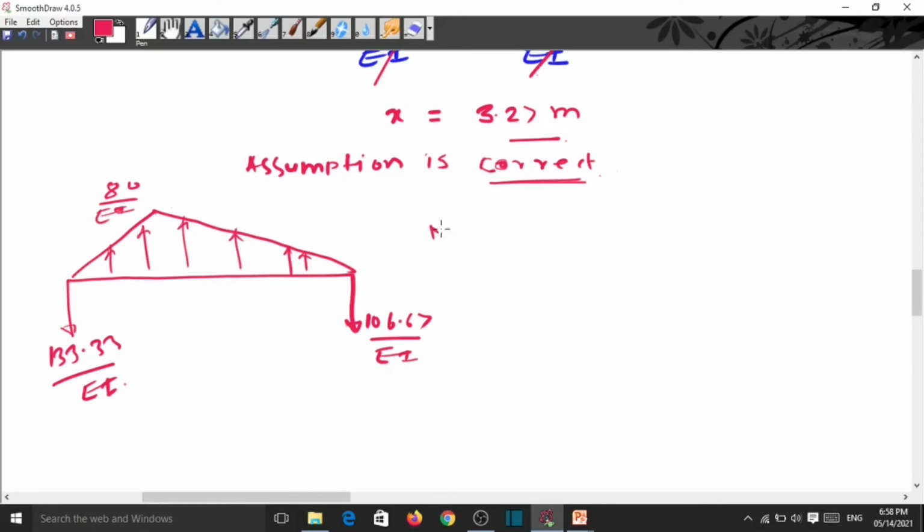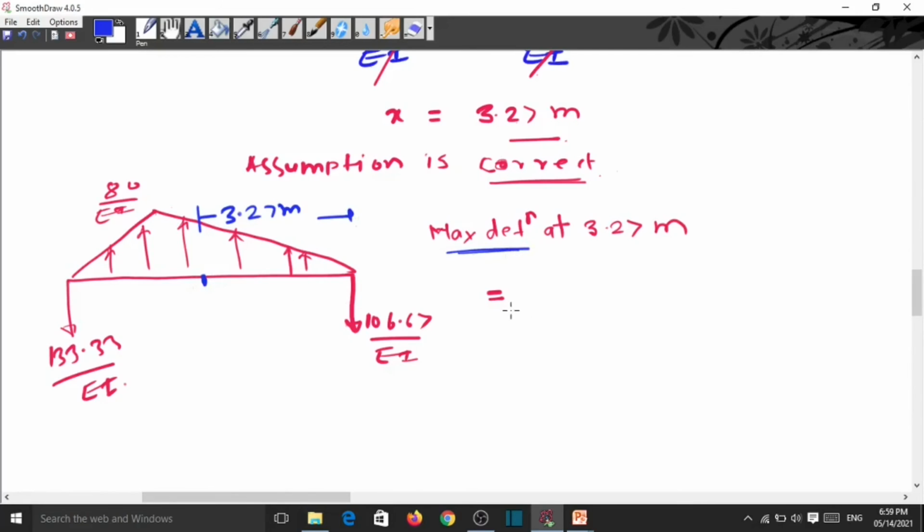So the maximum deflection at 3.27 meter, we have to take the moment at this 3.27.